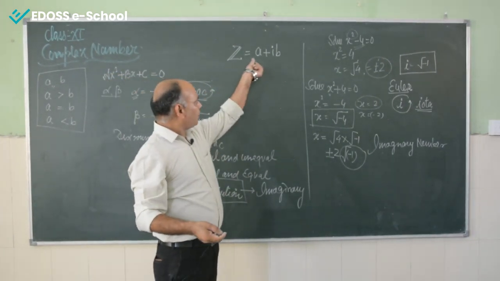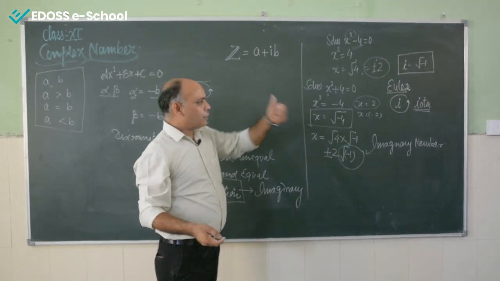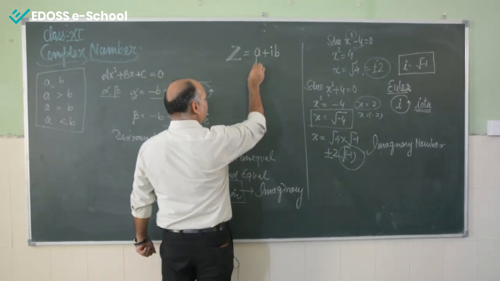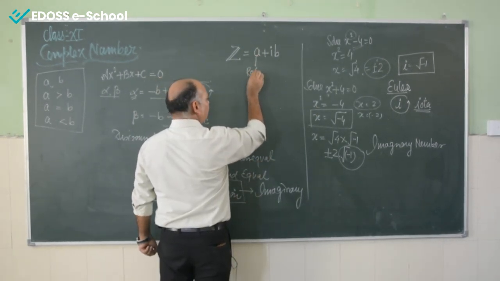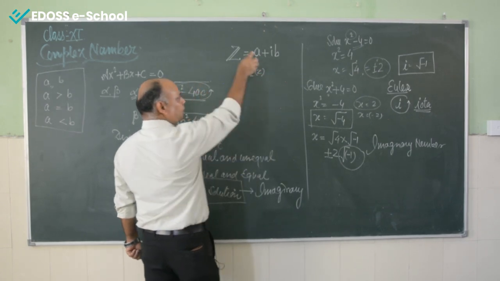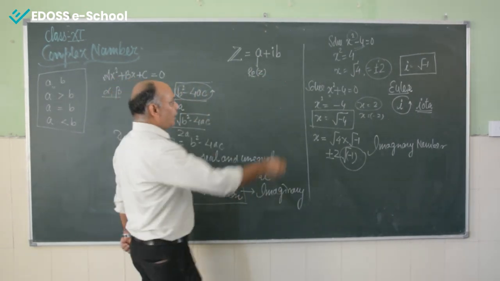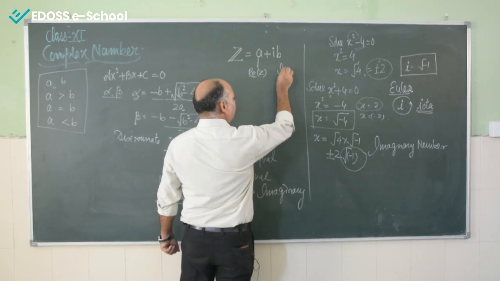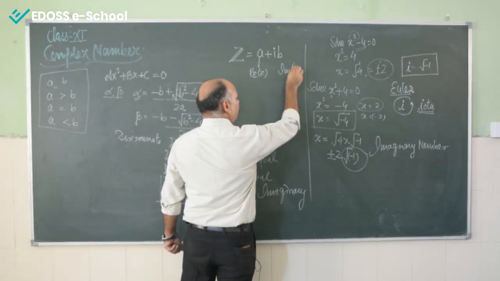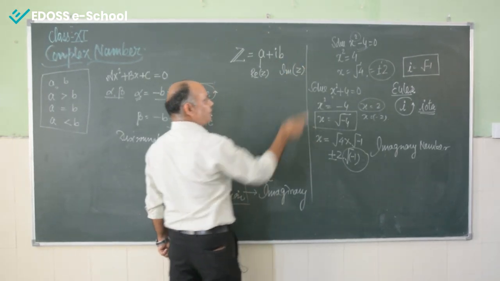Z equals A plus iota B, where this A is called the real part, Re of Z means real part of a complex number, and this B is known as the imaginary part of Z.